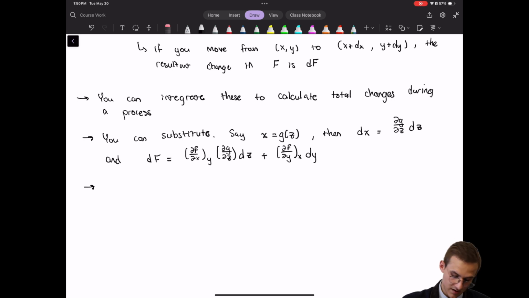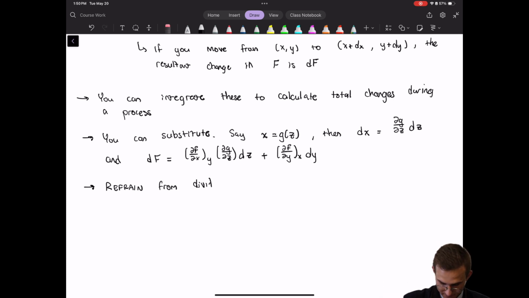The one thing that you really need to keep in mind is that you must refrain from dividing total differentials to form total derivatives.